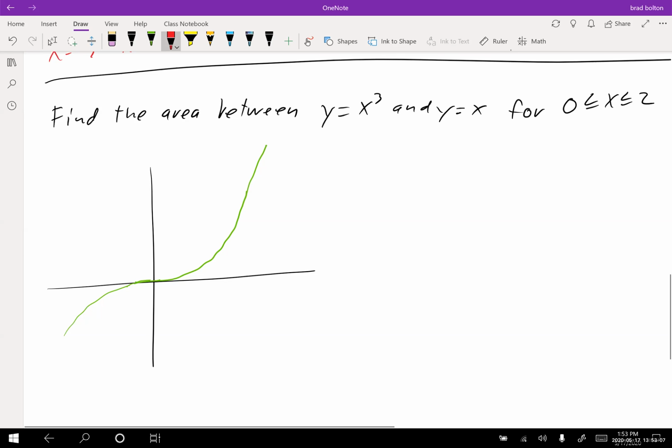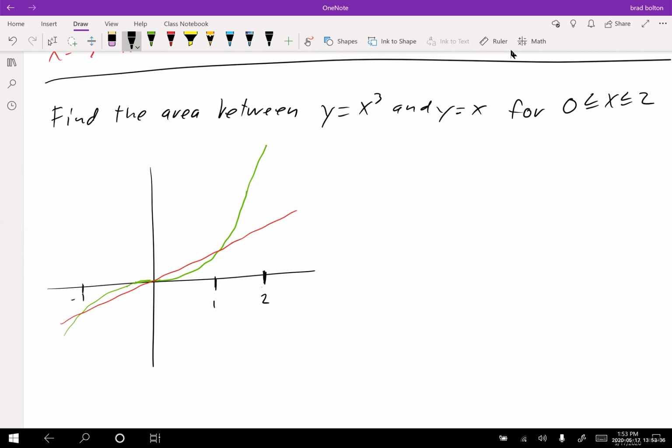And then you got y equals x. I guess I'll draw it in red. y equals x should cut through it. Okay, and let's say that right here is about 2, and about here is about 1, and about here is -1. And again, that's not drawn to scale. I'm not perfect.